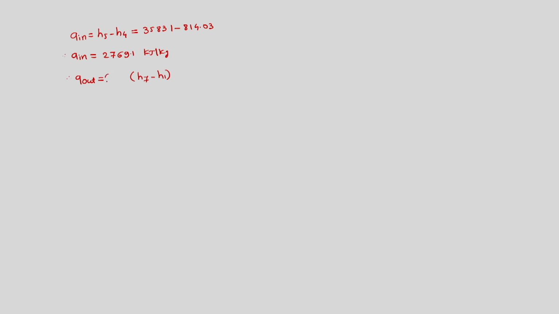Similarly, Q out is equal to H7 minus H1, but this is not for 1 unit of mass, this is for 1 minus Y kg of mass. So this will be 1 minus 0.227 into H7, which is 2115.3, minus 191.81.